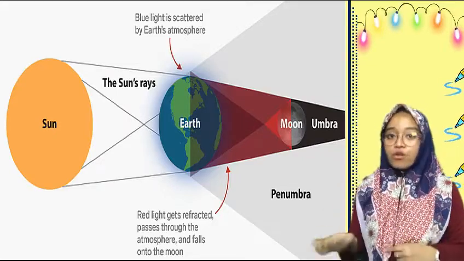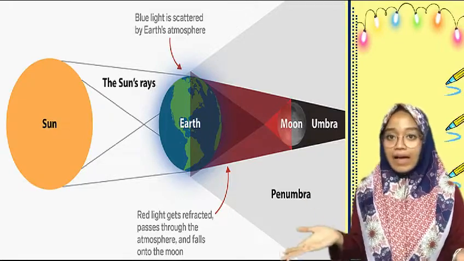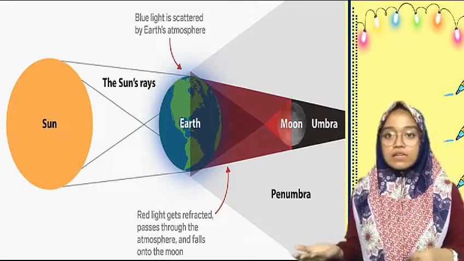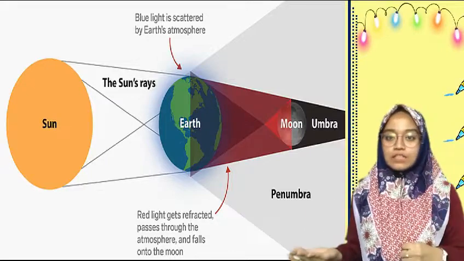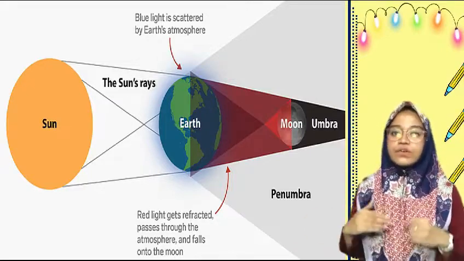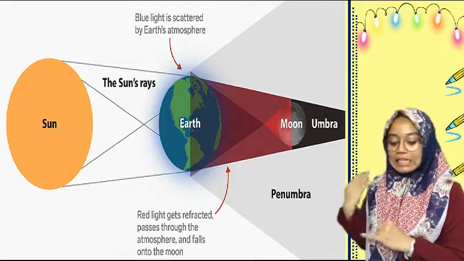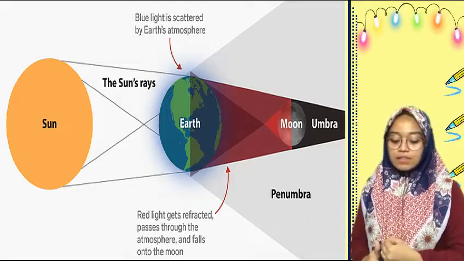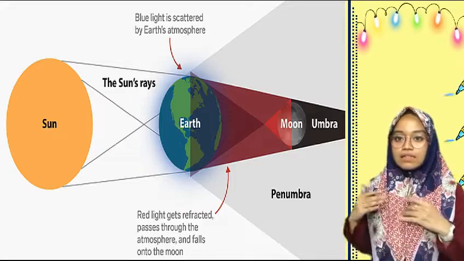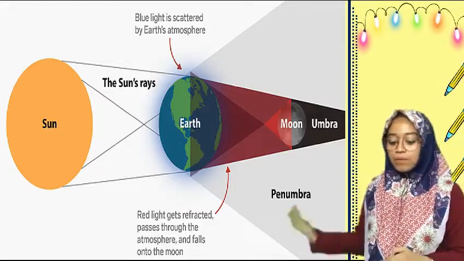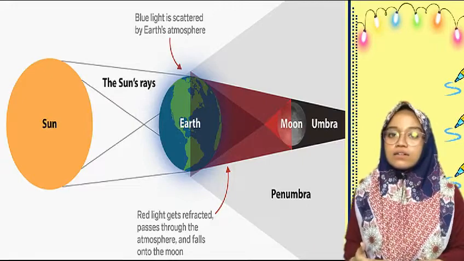We have learned about the characteristics, or the properties, of light: light can be refracted. In this event, the red light gets refracted, and that causes the moon to be red.